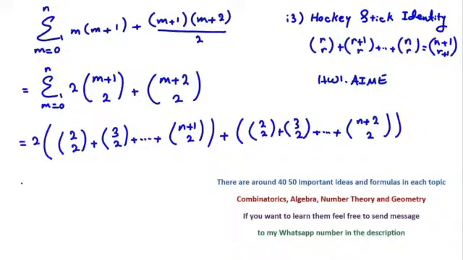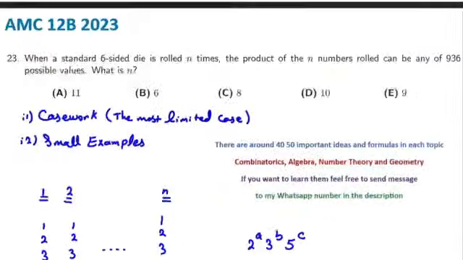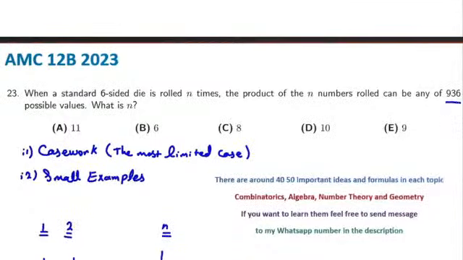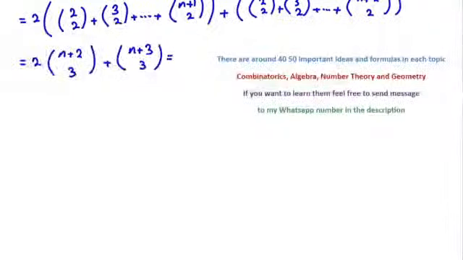Now if you use hockey stick identity, the first one is what? M plus 2 choose 3. Plus this one will be m plus 3 choose 3. Now we know this one equals what? 936. And we want to find n. One way is to check the choices. One way is to calculate.